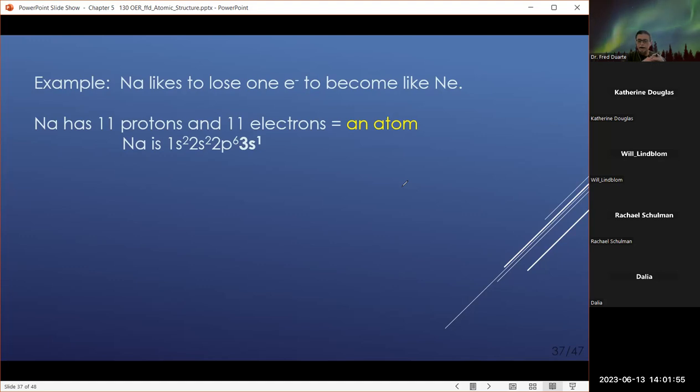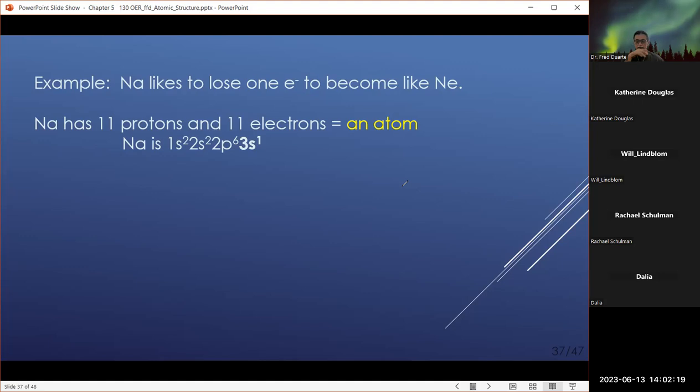Now, in the third energy level, we can put more electrons in there. But from an energy perspective, for sodium, it is easier to lose that one electron that's sitting there all by itself in the outermost shell than it is to pick up 7 more. It just can't handle 7 more.